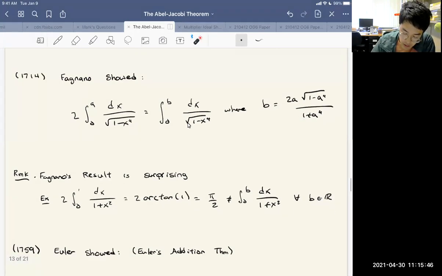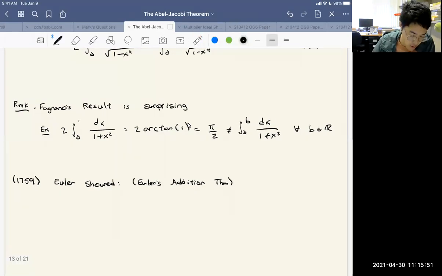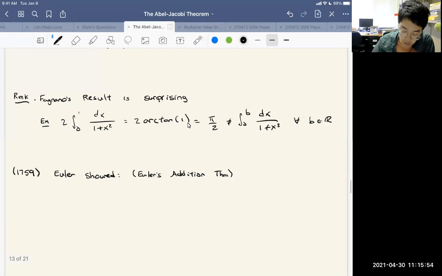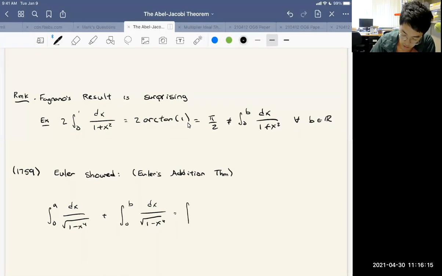Then in 1759, Euler comes along and shows a big generalization of Fagnano's result. He shows that the integral from 0 to a of dx over the square root of 1 minus x to the 4, plus the integral from 0 to b of dx over the square root of 1 minus x to the 4, is equal to the integral from 0 to c of dx over the square root of 1 minus x to the 4.